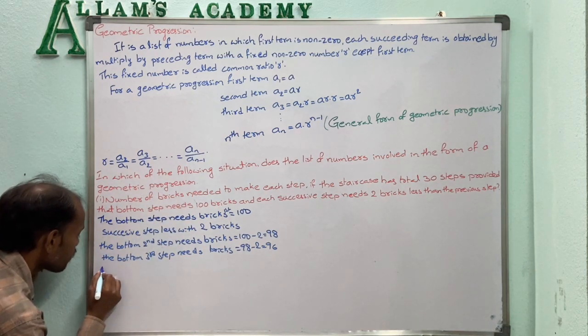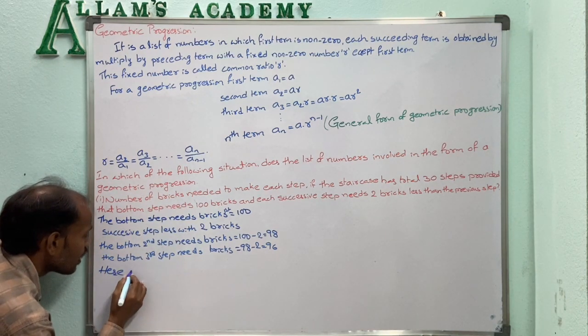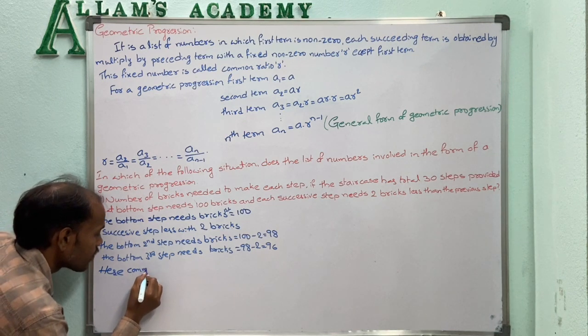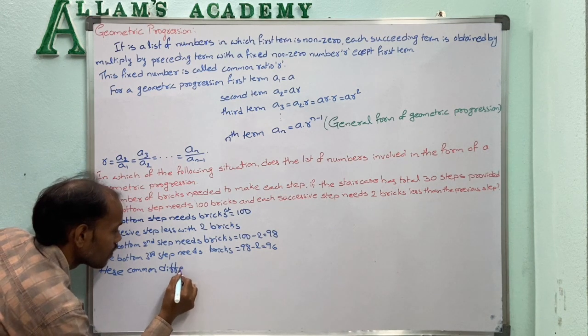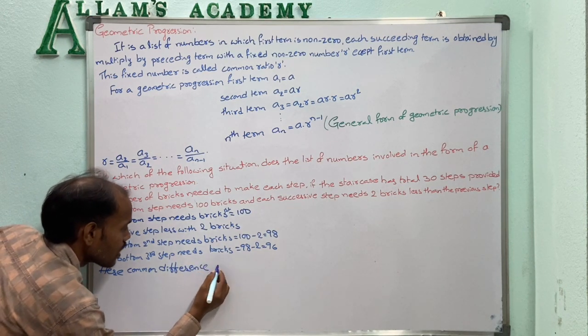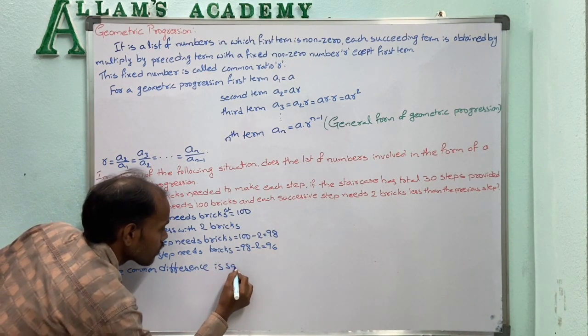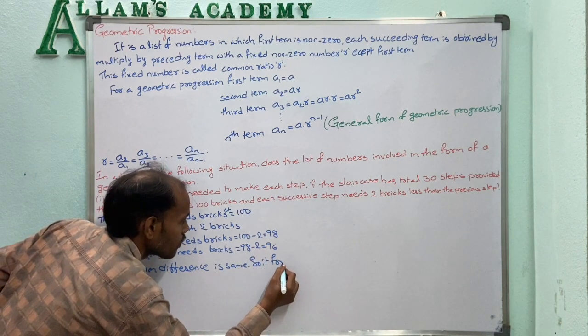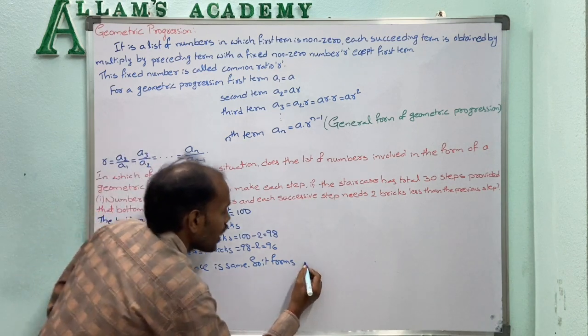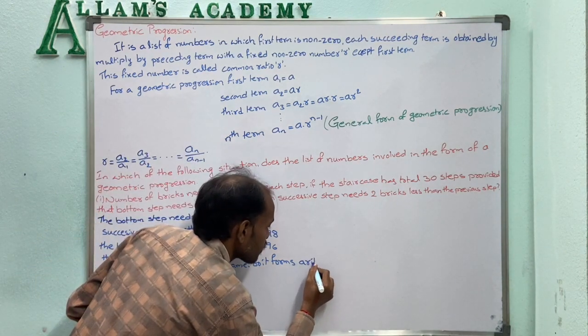So here the common difference is the same, so it forms an arithmetic progression.